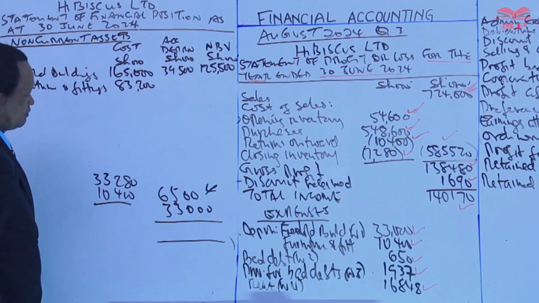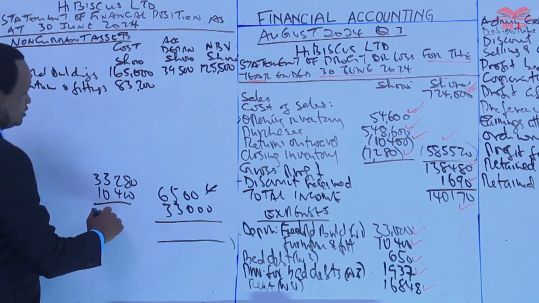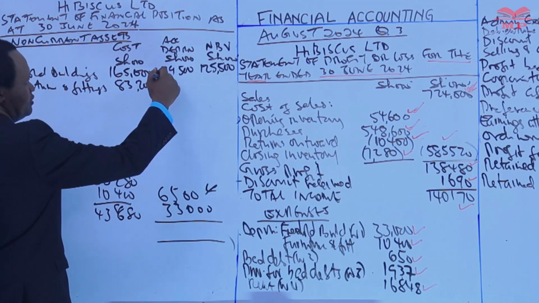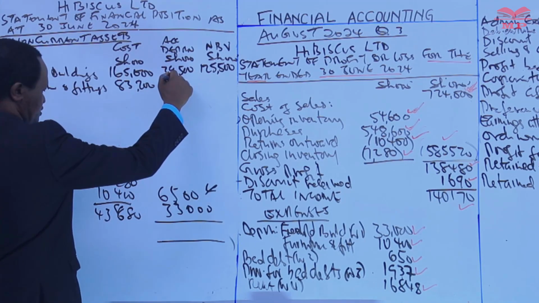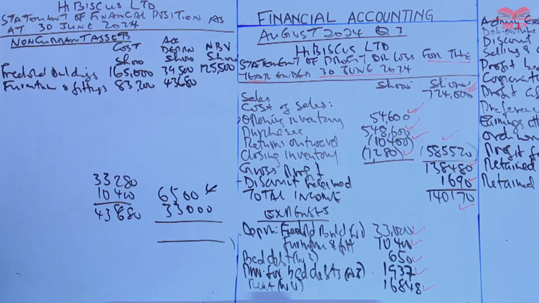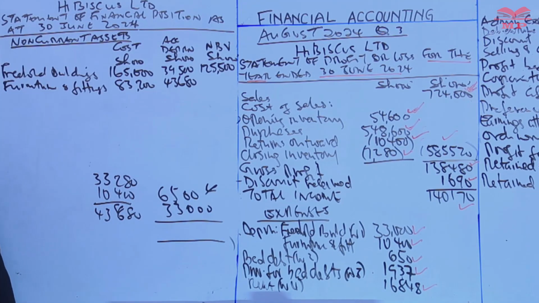How much is it? Is it 43,680? If it is 43,680, then what is the net book value? Give me the net book value. I don't think there is any other non-current asset.